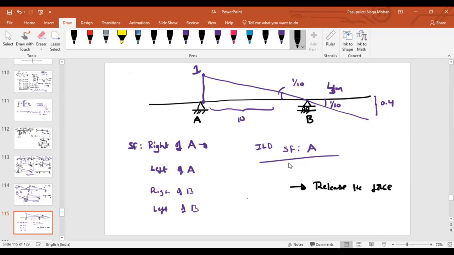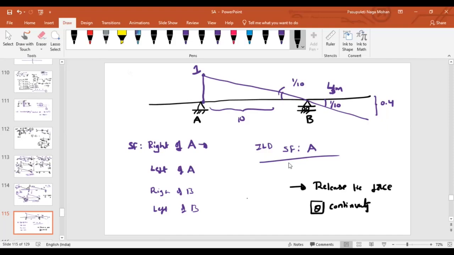If I am drawing the shear force, we should release that force only. The remaining constraints will be there as they are. That means if you release the shear force, then the rotation you are not releasing. Rotation continuity must exist.